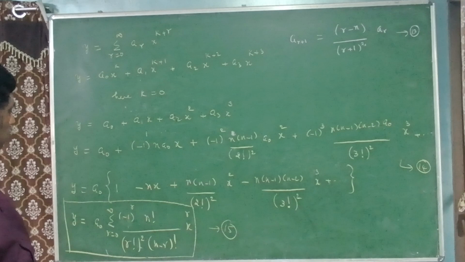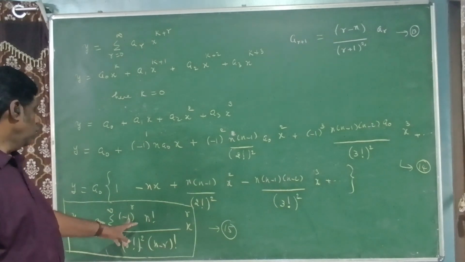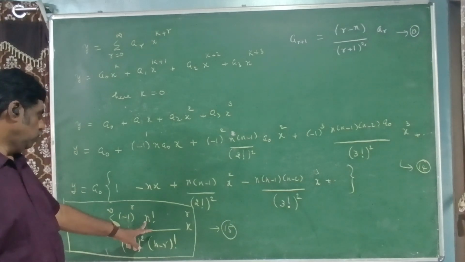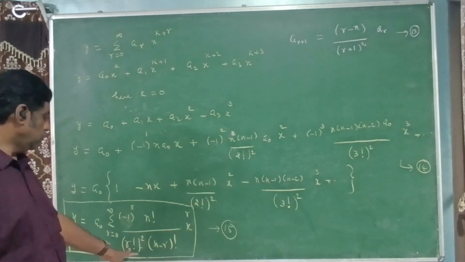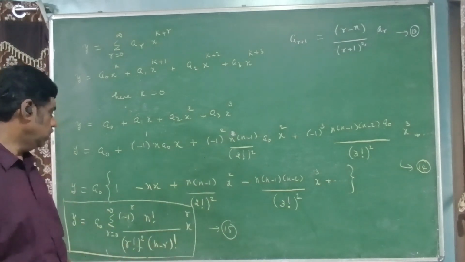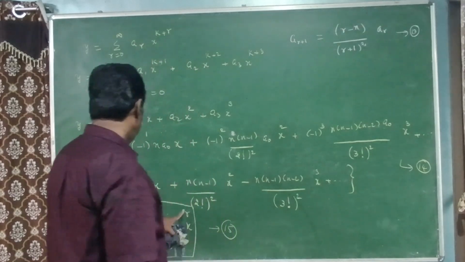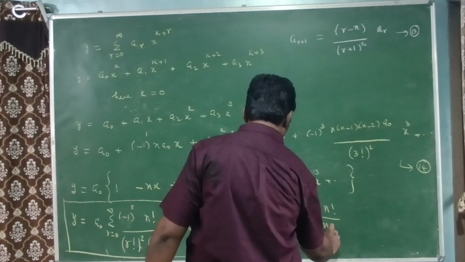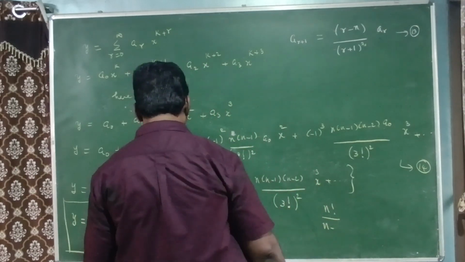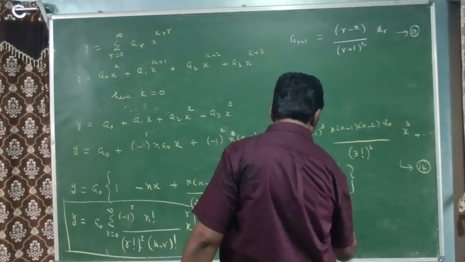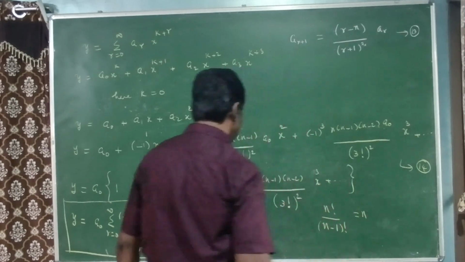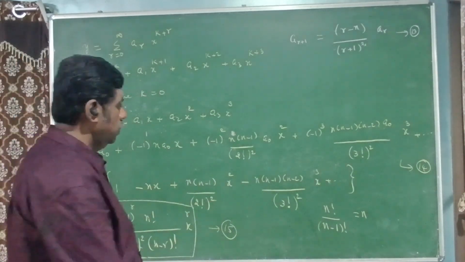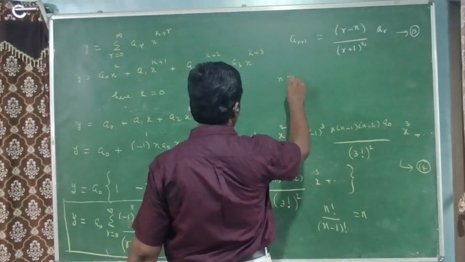Now put r equal to 1: minus 1 power 1, minus, then n factorial divided by 1 factorial square is 1, n minus 1 factorial, x power 1 is x. n factorial divided by n minus 1 factorial is equal to n. For example, put n equal to 3.